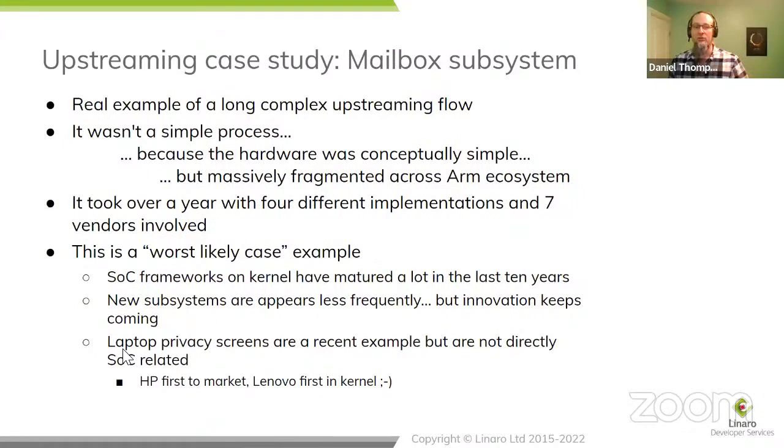And for that reason, it is a worst case example. This was a long period of time. The SOC frameworks in the kernel have matured a lot in the last 10 years, which means you're far less likely to have to introduce a new subsystem to get work done. But innovation will keep happening, and we hope it does, and it's what makes life exciting. So this is a worst likely case.